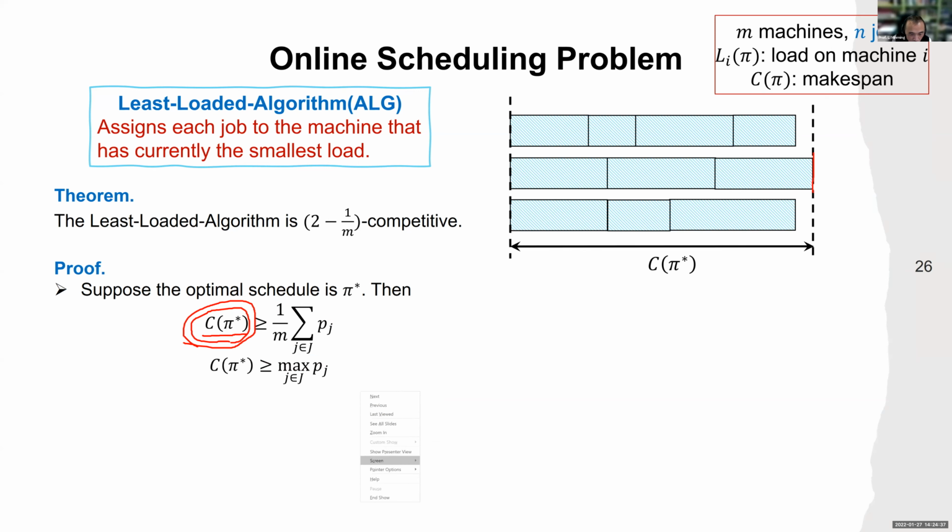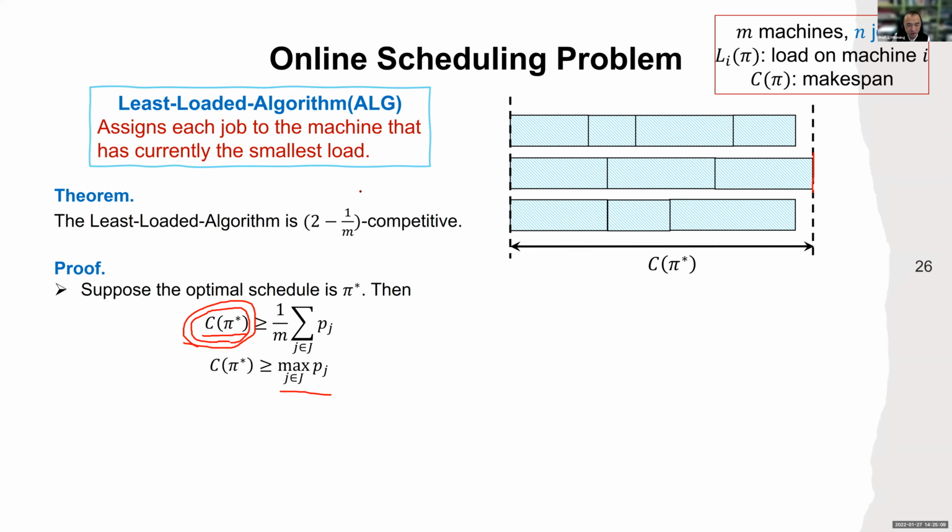It says your makespan is at least the largest processing time of any single job, max of p_j. Why? That one is easy, because for the largest job, you have to do it on some machine. No matter which machine you put this largest job on, that machine's load will not be less than that maximum time.